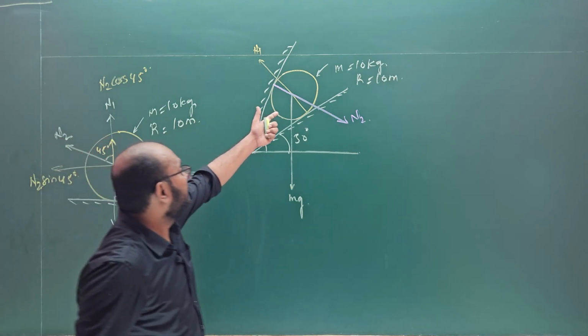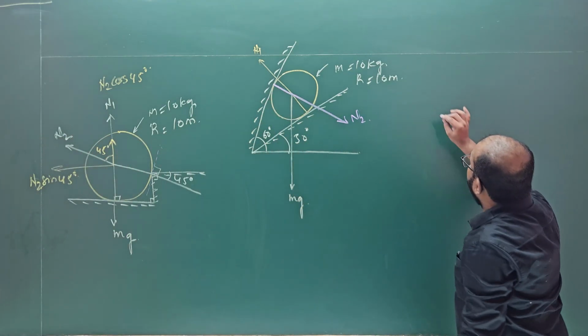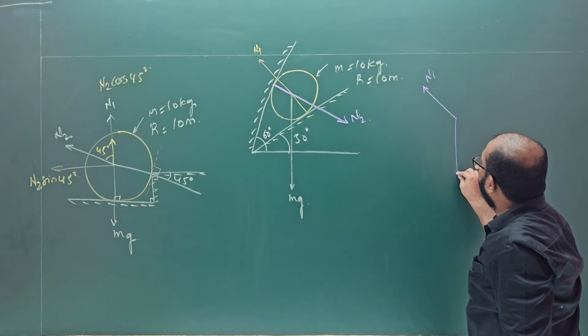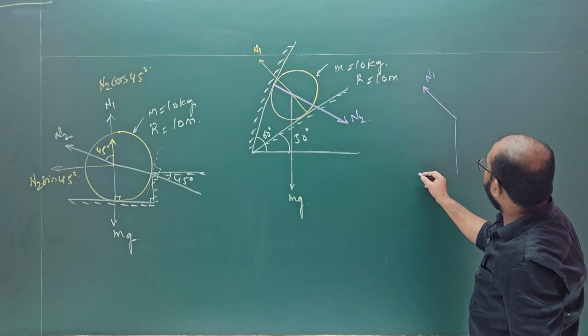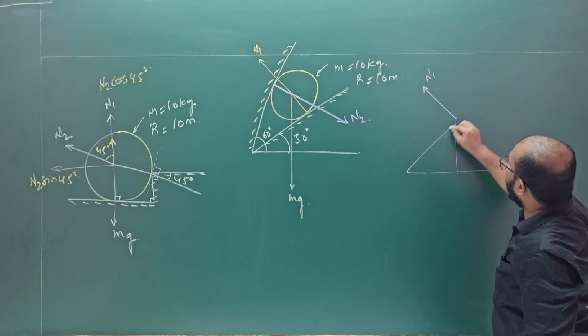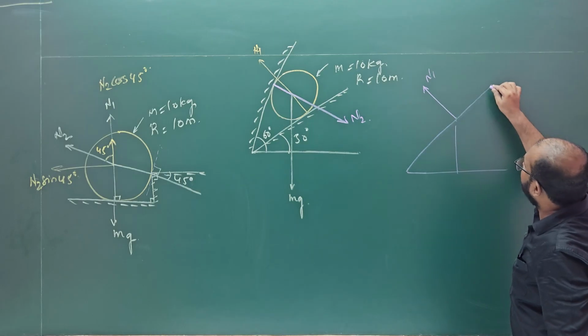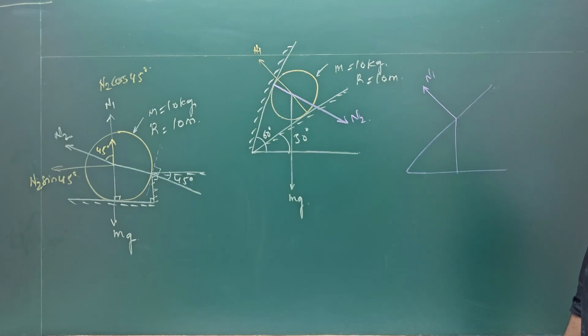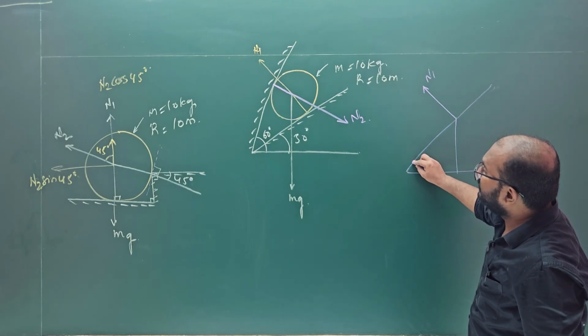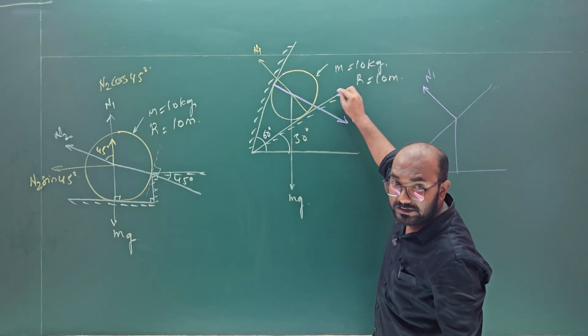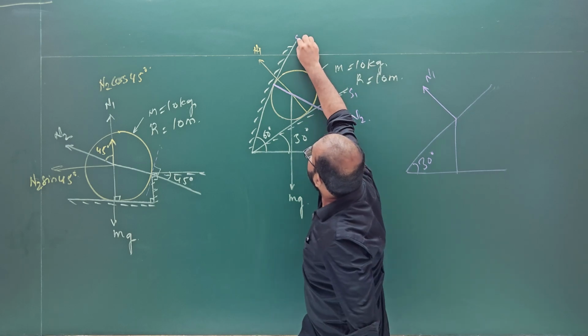इसमें से निकालो इसको. N1 is passing like this. This is your N1 and if I take over here a triangle, then one triangle is passing like this. Yes, and this whole angle is what? 30 degree, na? This angle is what? 30 degree. This is surface 1, and this is your surface 2.